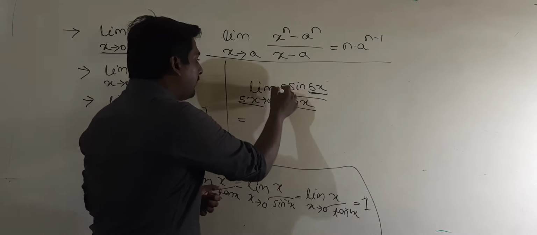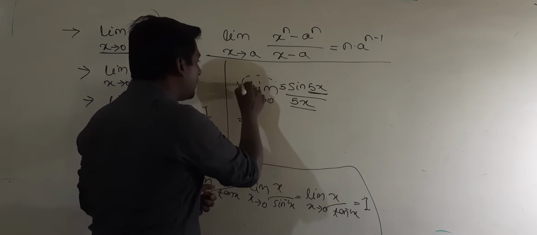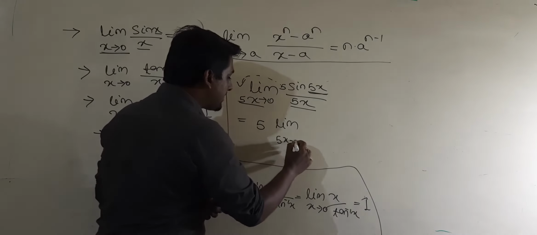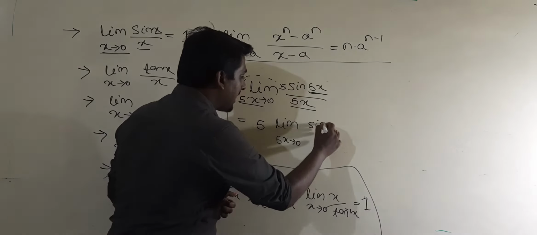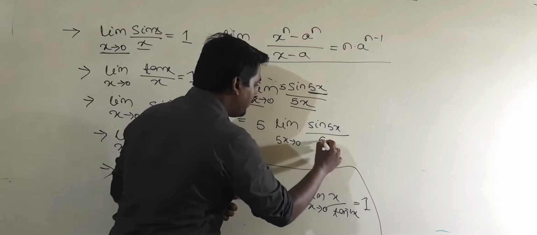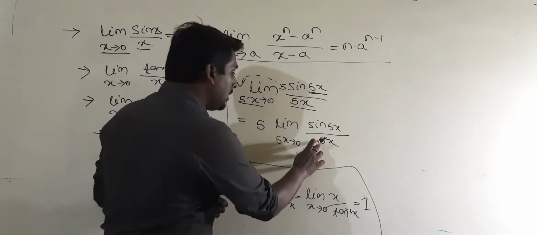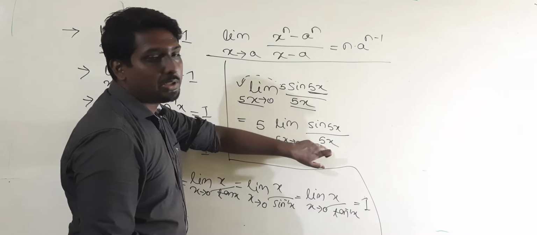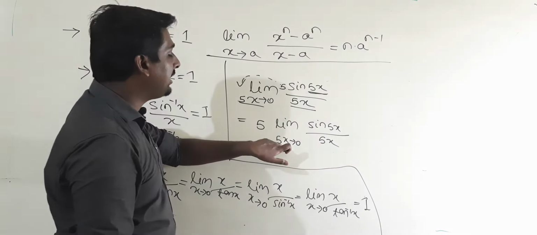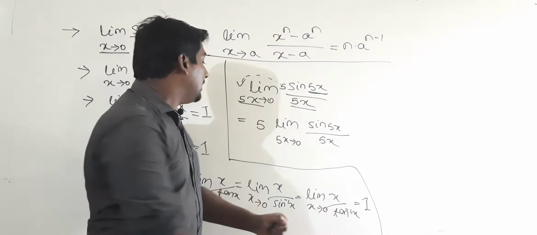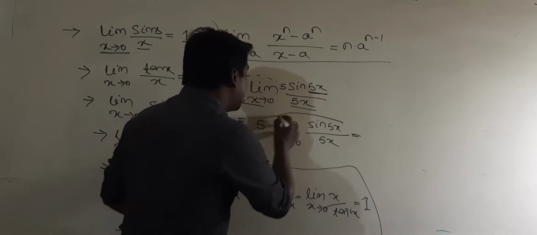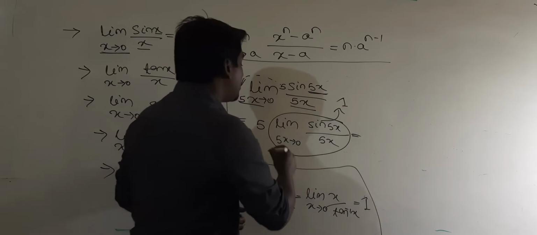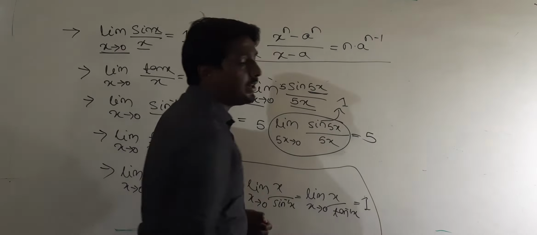The 5 from here will come outside, and it will be 5 times limit 5x tends to 0 sin 5x divided by 5x. In both cases, the numerator has 5x and the denominator has 5x, and the limiting value is 5x tends to 0. That's why we can say this particular value will be equal to 1. So 5 into 1, and the answer will be 5.